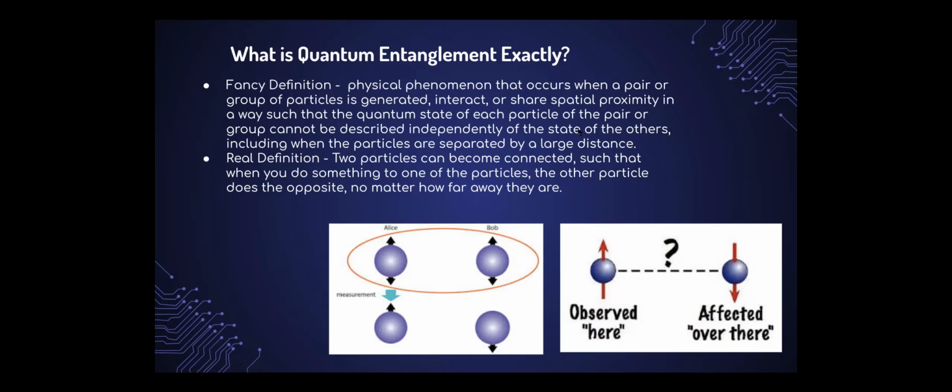So if you're measuring spin of some particle, as soon as you measure it, one of the particles will be up and the other one will be down. But before the measurement, it's going to be in the superposition. So yeah, does anyone have any questions about this? I bet you guys kind of know what entanglement is, or if not, it's a really cool subject.